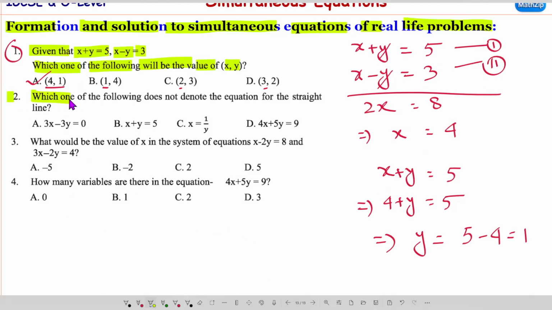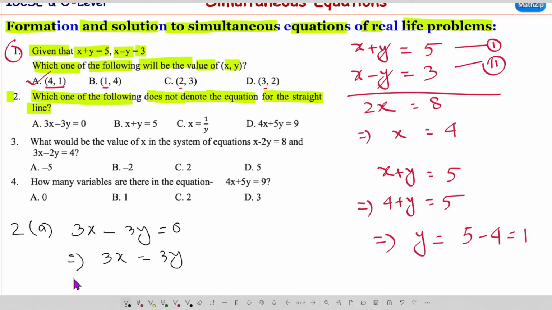Number 2, which one of the following does not denote the equation for a straight line? So 2a, 3x minus 3y equals 0, it means 3x equals 3y. Once we divide both sides by 3, x equals y, right? So this is what?